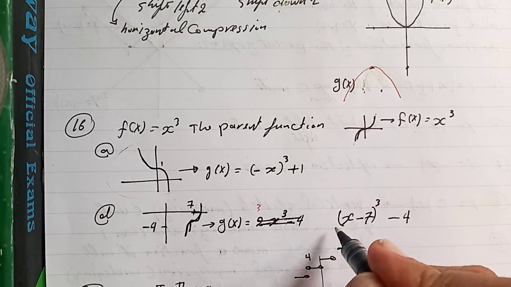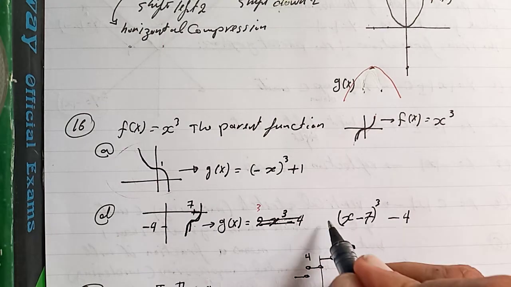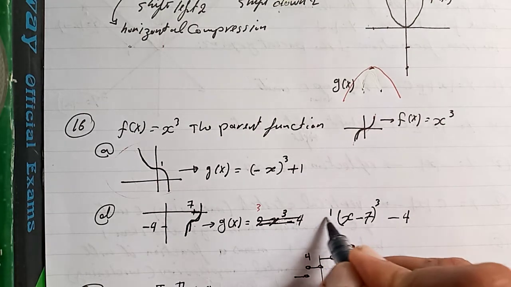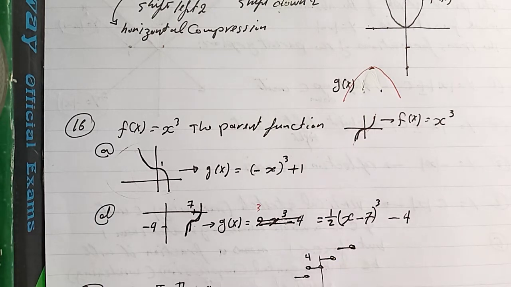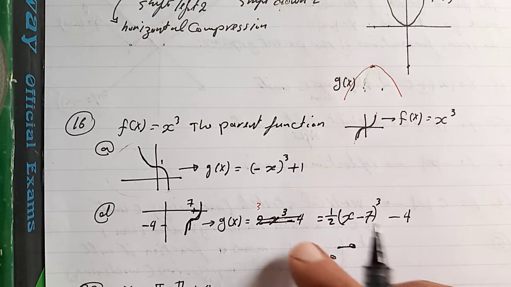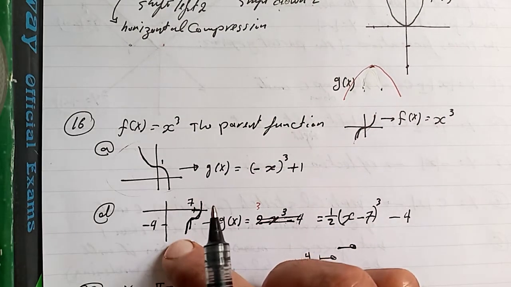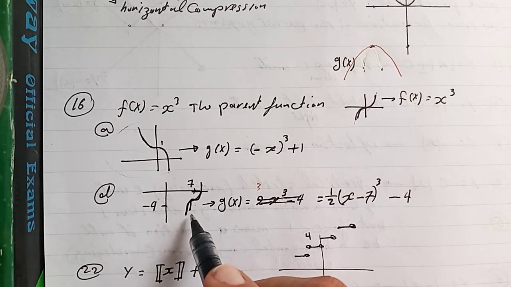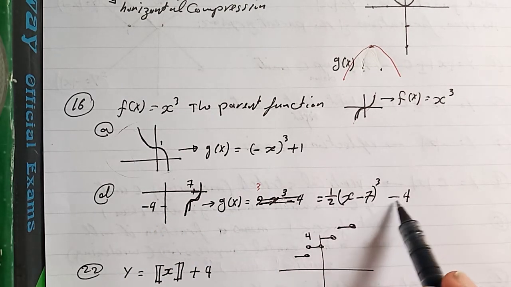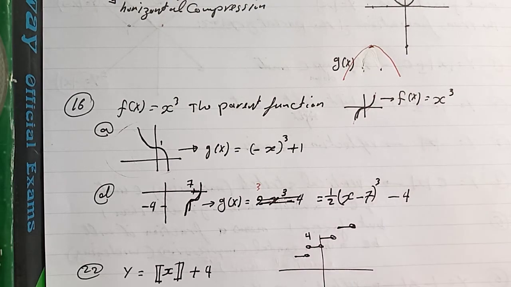You can make a fraction here, like less than half. Let's say half. So this will be g(x). This is the way to write the function notation. If you see the graph, you have to identify the transformation left to right and the shrink and the reflection, so that it appears in the function notation.